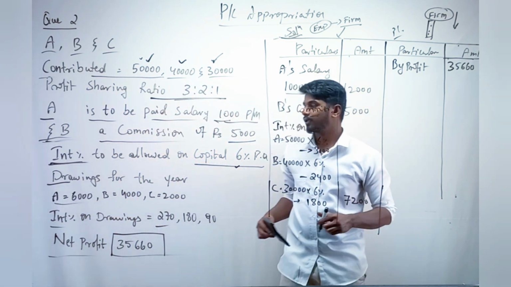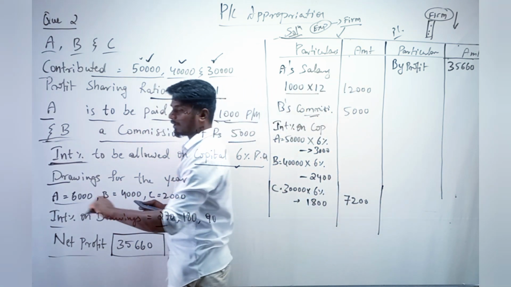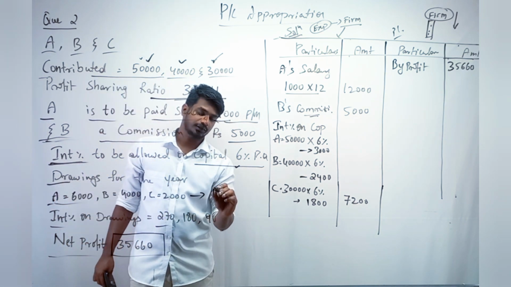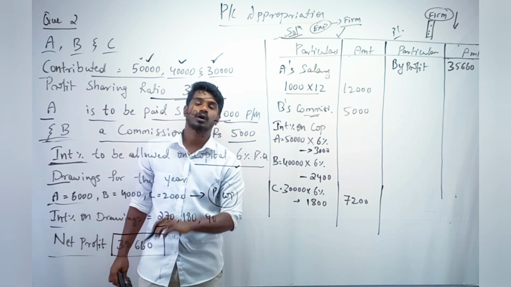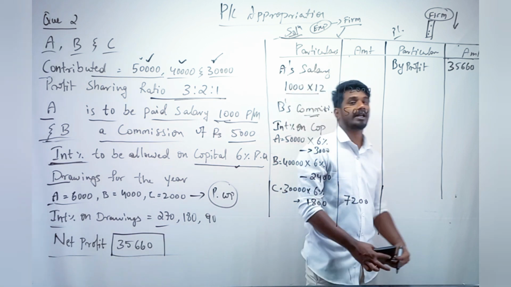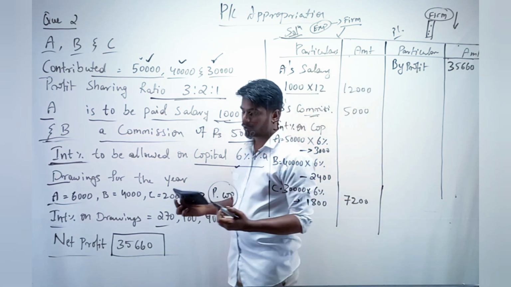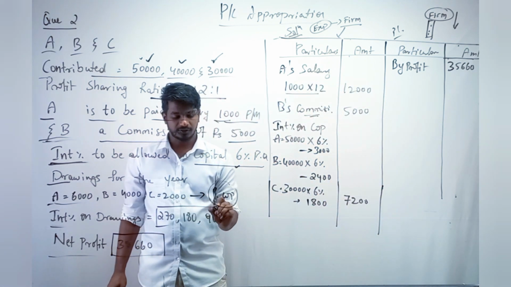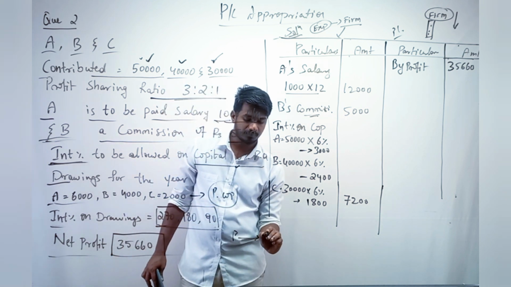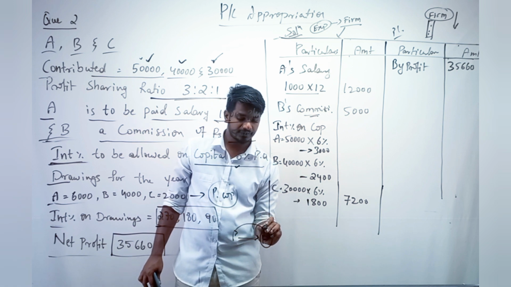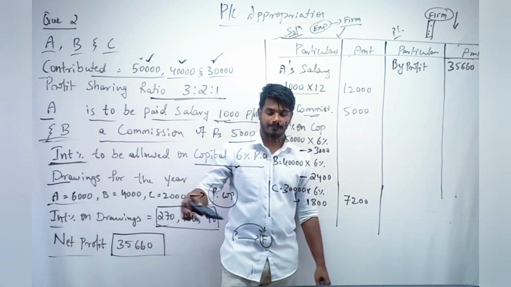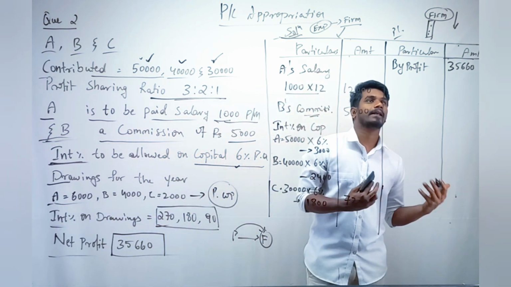What is given next? We have drawings. Drawings will go to the partners' capital account. Next, interest on drawings, we have 270, 180 and 90. What is it for the firm? Partners will pay it to the firm, which means the firm is getting cash in. The firm is earning, so it is an income.